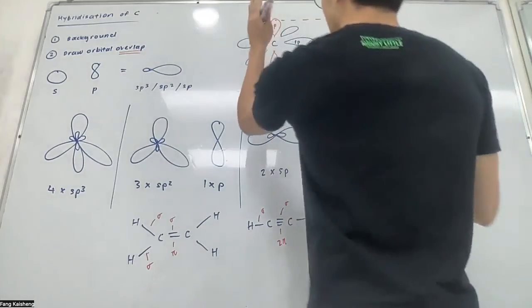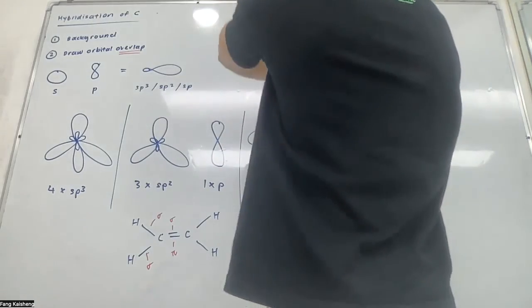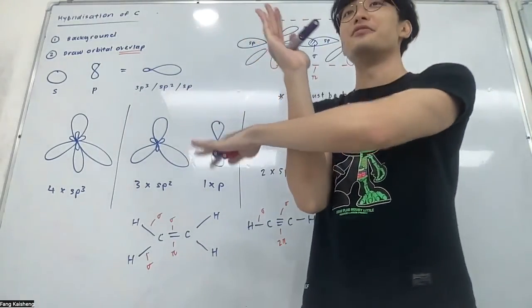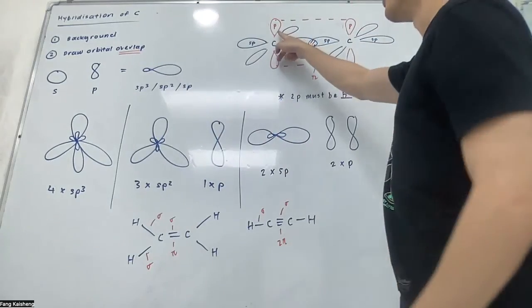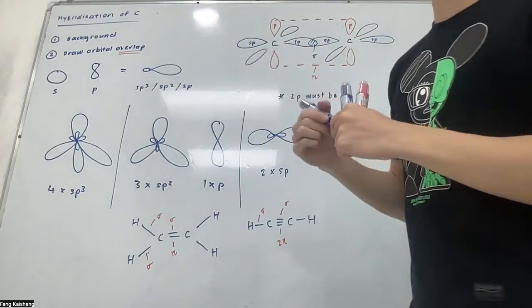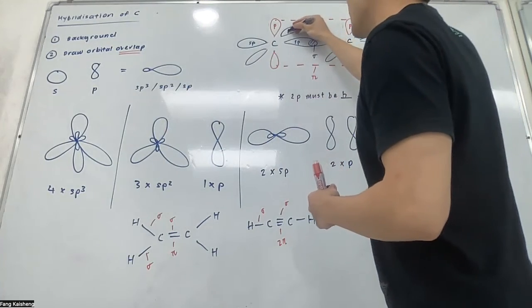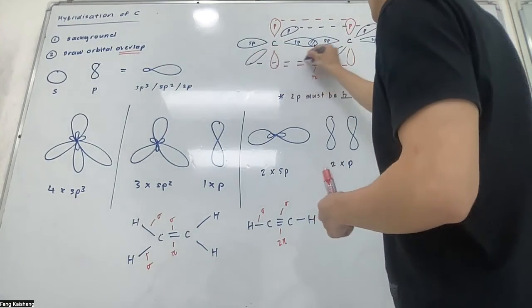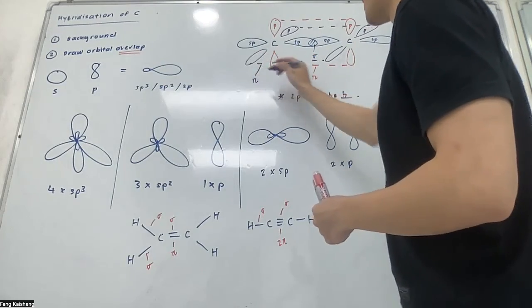The red one is like that, then the other one is like this. Because we are drawing on 2D paper, it's very difficult, but anyway, you just need to visualize this. This is facing inwards, so it is 90 degrees apart. This is how we show that. Again, I label my p orbitals, and you must highlight both top and bottom to call this just one pi bond.